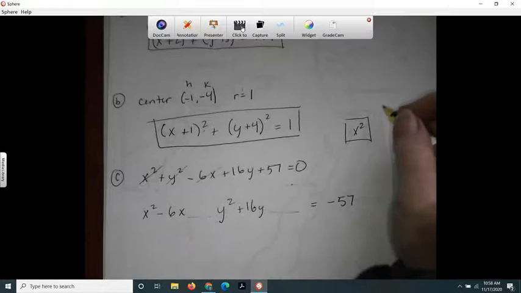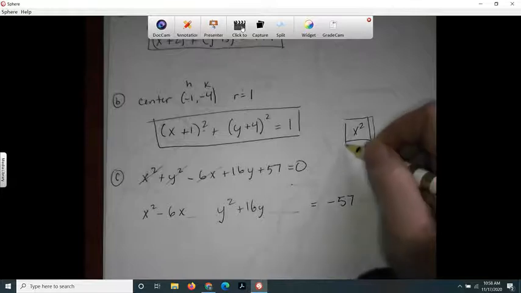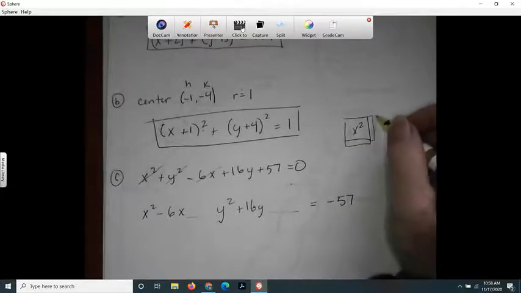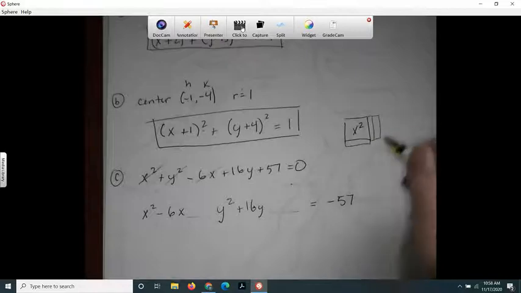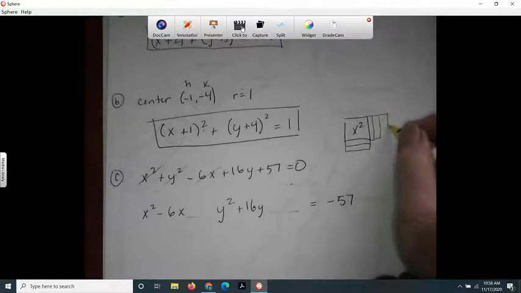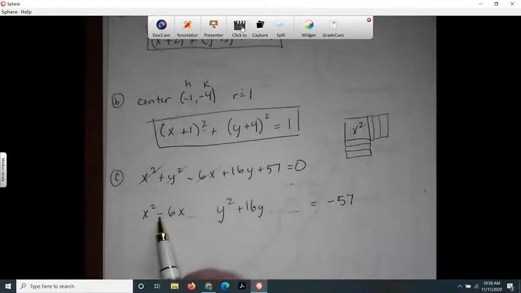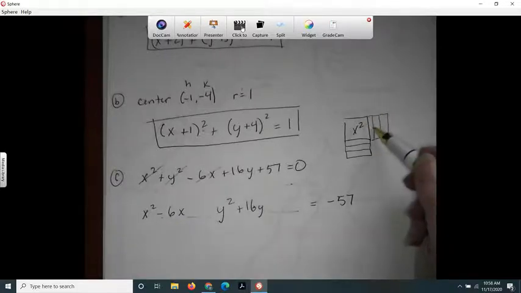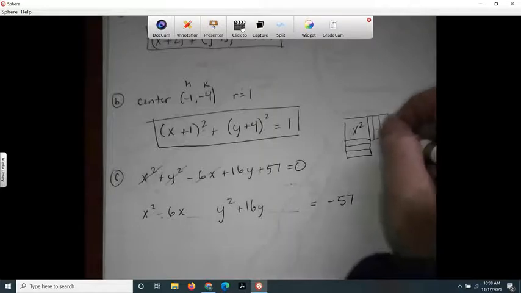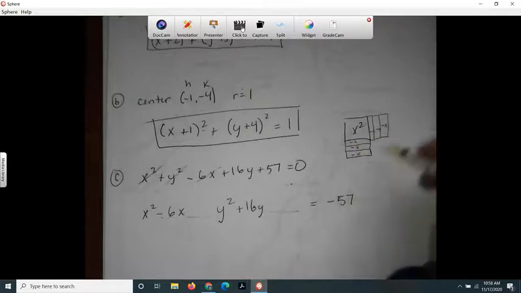I always put the x squared on the top left, so I guess that's why I'm doing it this way. These are like negative x, negative x, negative x, and these are like a picture of those algebra tiles.